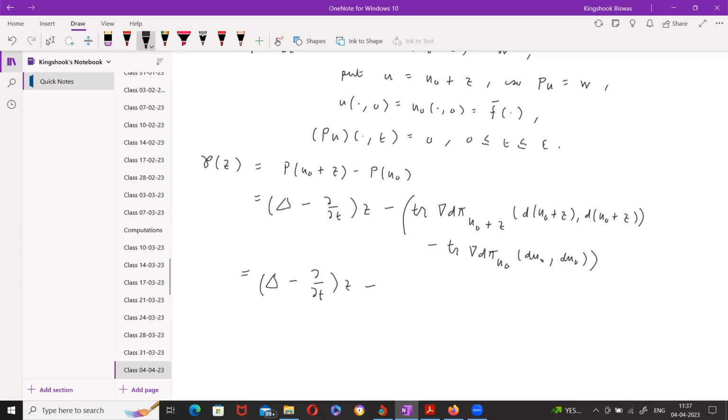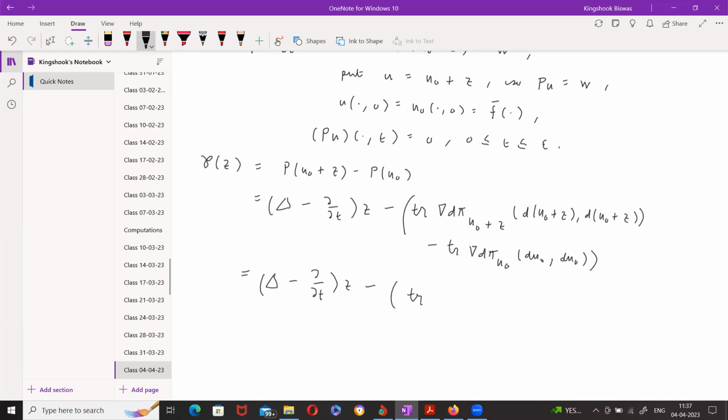So that is going to be, so I can take the trace outside. So, well, okay, fine. So what I'll get is trace of, so as a first approximation, when I change U0 to U0 plus Z, what I'll get is the third derivative of the map pi.